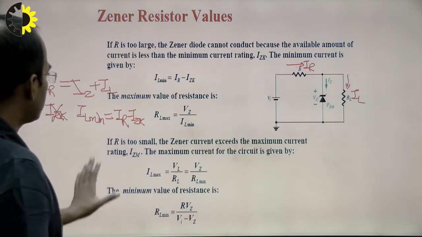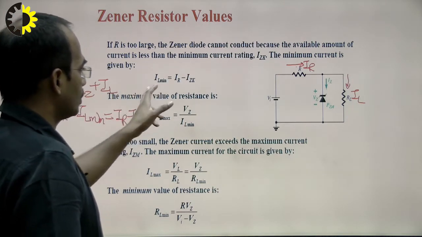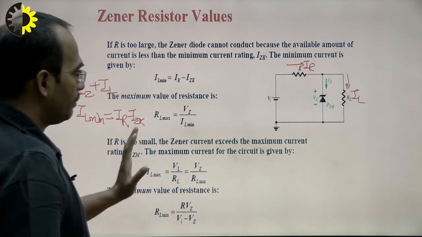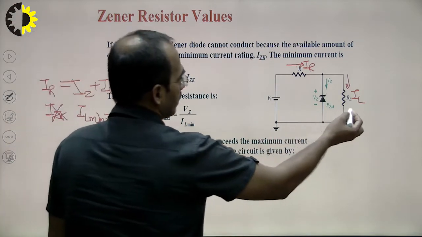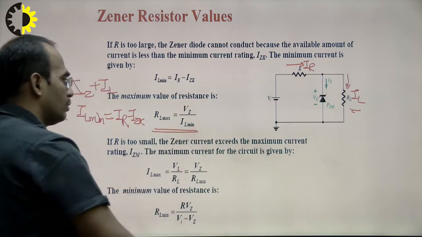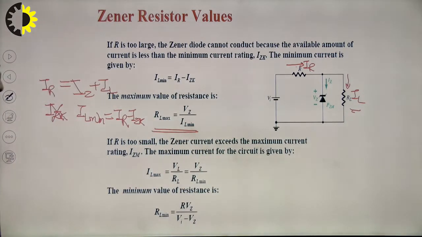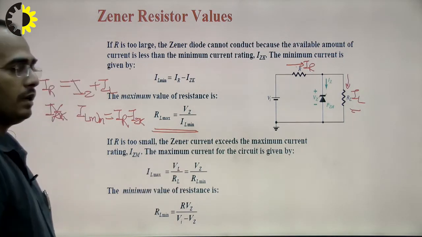So, in this case the current coming from the source is IL minimum. So, in that case the maximum resistance will be there. So, we can find RL maximum is equal to Vz by IL minimum. Similarly, we can find the value of IL maximum and RL minimum.